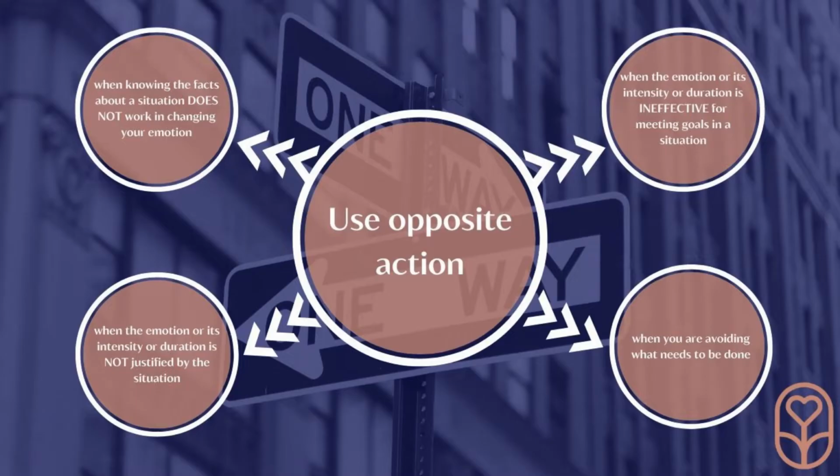Sometimes your emotions may fit the facts very well, but expressing and experiencing those emotions may do you little good and may even cause you harm. In considering opposite action, it is important to think through whether your emotional response is effective.